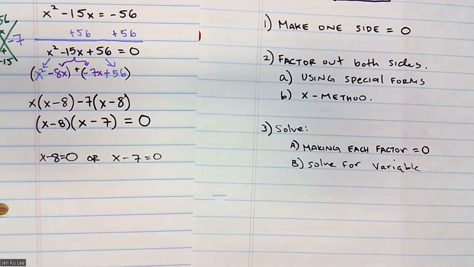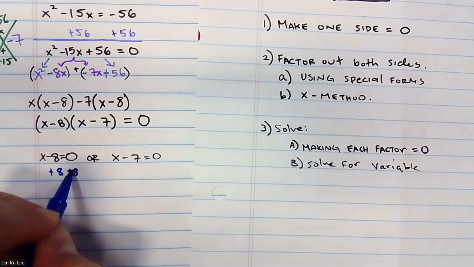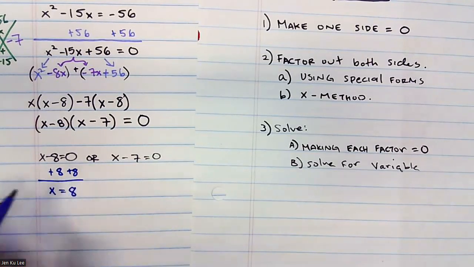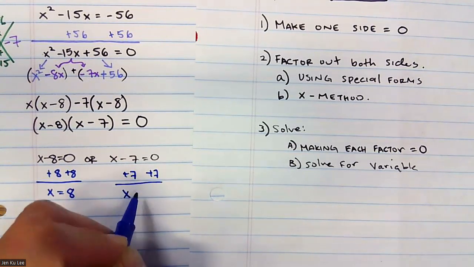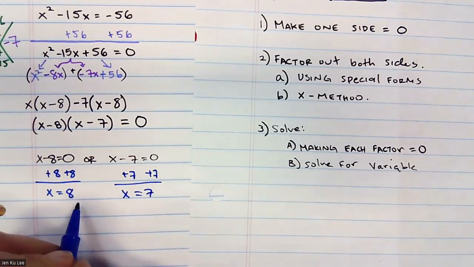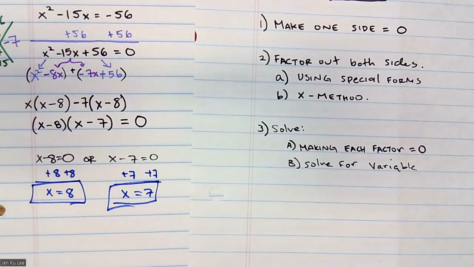All right? So I'm going to add 8 here. x equals 8. I'm going to add 7 here to make 7. So these two are your numbers, 8 and 7.